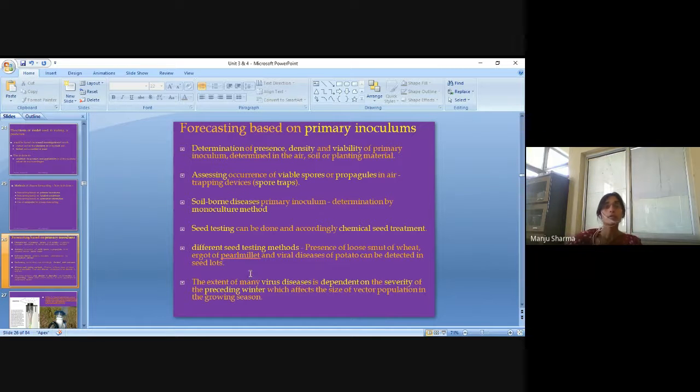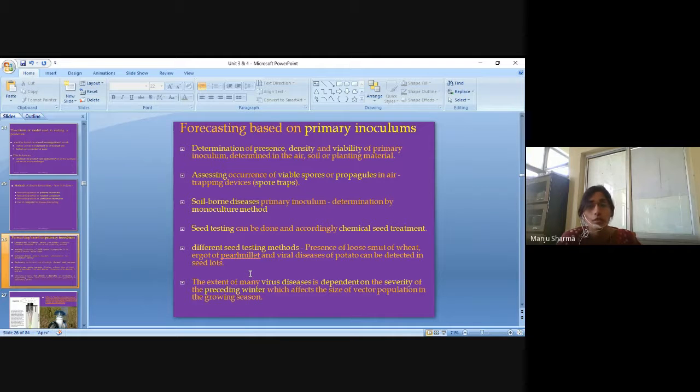Then, first point, forecasting based on primary inoculum, like determination of presence, density, and viability of primary inoculum determined in the air, soil, or planting material.